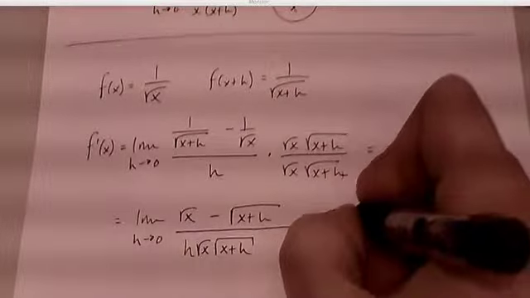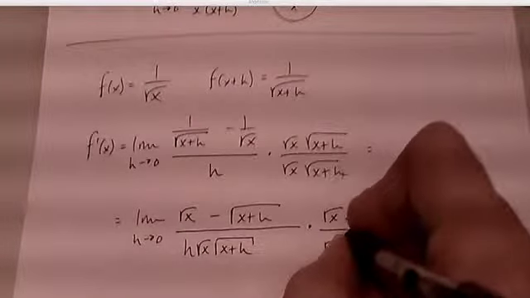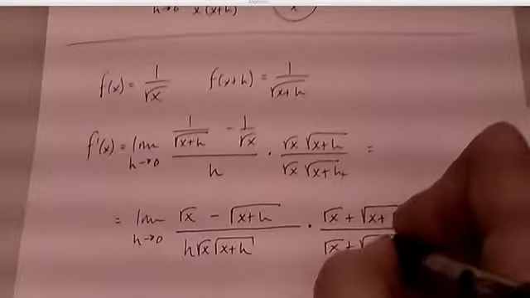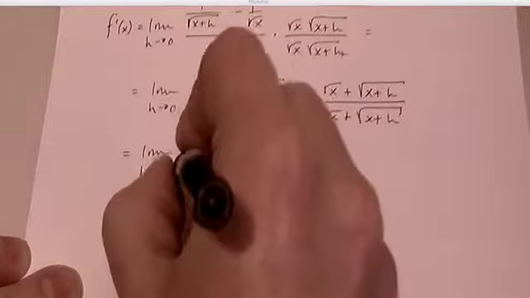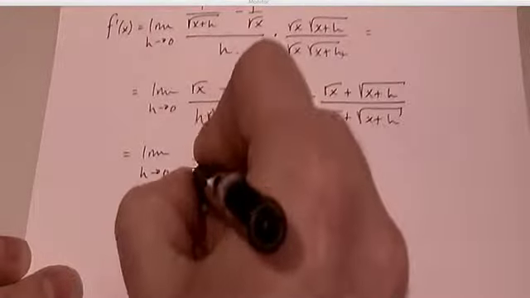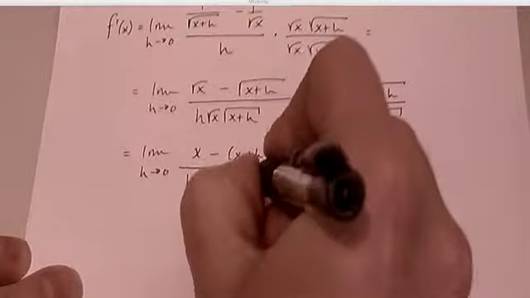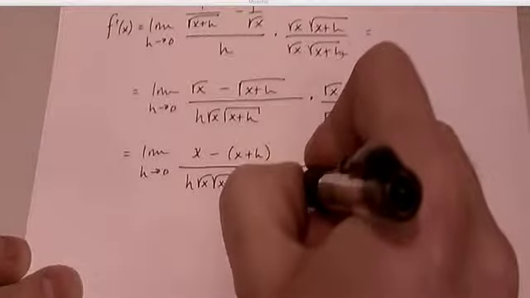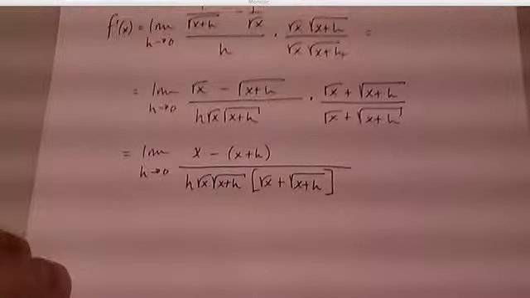So now, and this is going to make this denominator really messy, but you got to do it, right? Isn't it nice that we don't have to do it by limits forever, right? So we have the limit as h approaches 0 of x minus x plus h. And here we have a really nasty denominator, right? And just be very careful to use your brackets to take that functional binomial and plop it into the denominator.